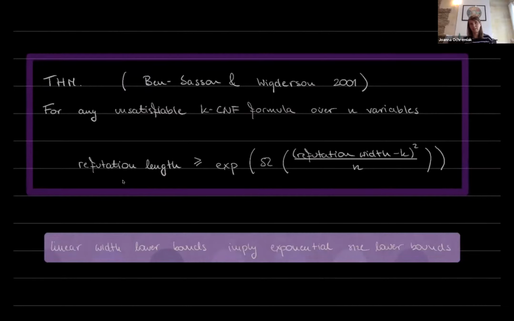This way you can get lower bounds for size from lower bounds for width, which are often easier to show.